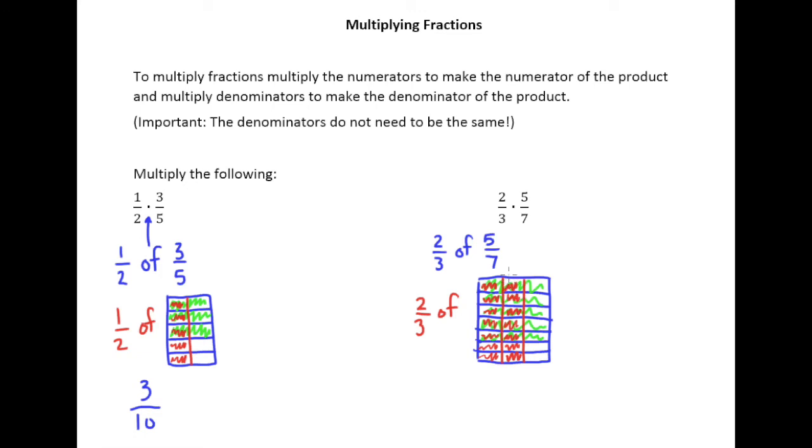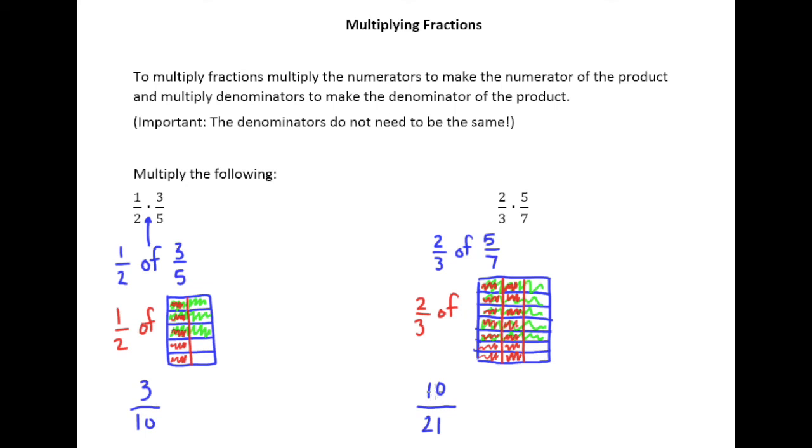Okay. So now let's again think about what we have. I have a total of, looks like 21 equal pieces. And it looks like 1, 2, 3, 4, 5, 6, 7, 8, 9, 10 of those pieces are filled in by both the green and red.